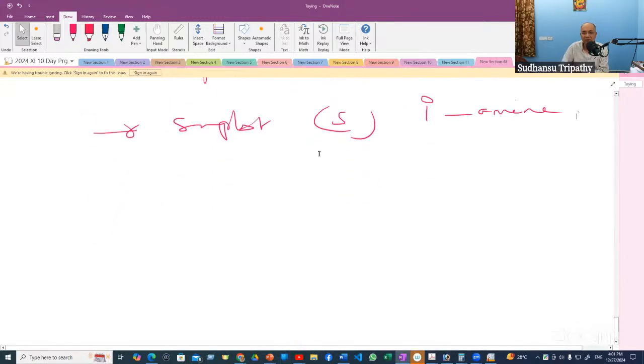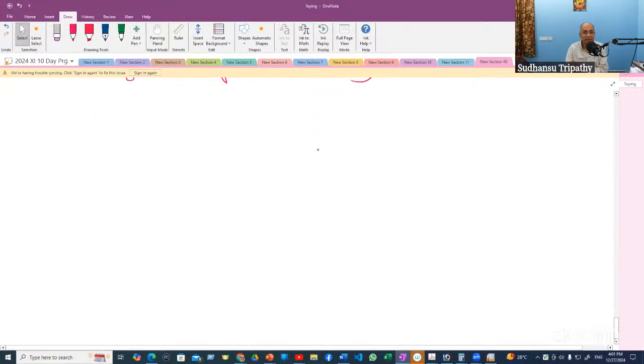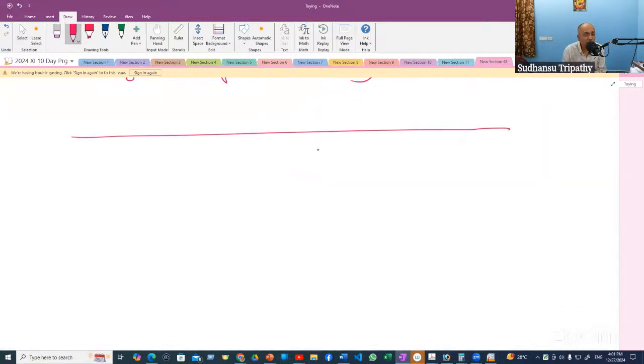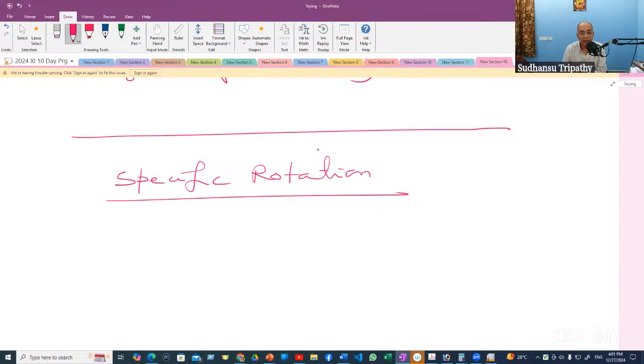Now before we go to double chiral center, I would like you to tell about specific rotation. It is written as alpha D 20, which is alpha by c in l.